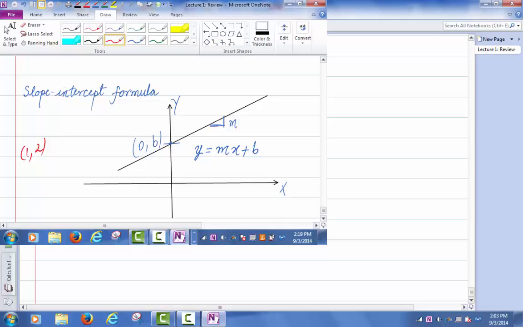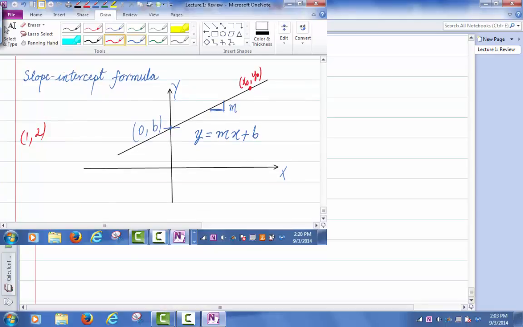So pick any point on the line, with coordinates (x0, y0). If you plug in the coordinates of any point on the line in this equation, you get a true equation. So again, every point on the line satisfies the equation.